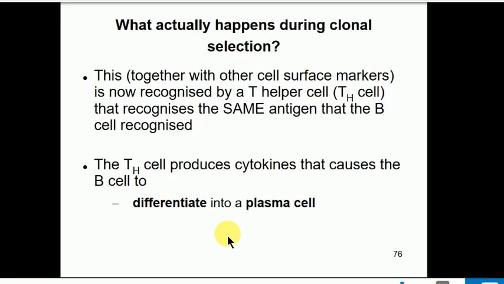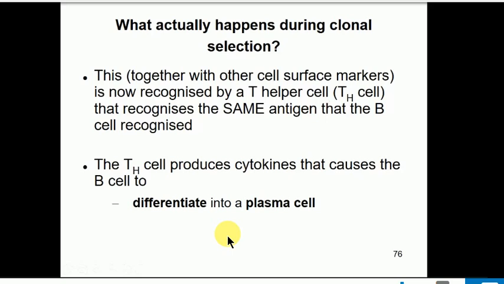This peptide bound to this MHC class II, which is now on the outside of the B cell, is recognized by a T cell. This is where the T cells, or some of the T cells, come into the story. These are called T helper cells because they help the B cells induce this immune response.